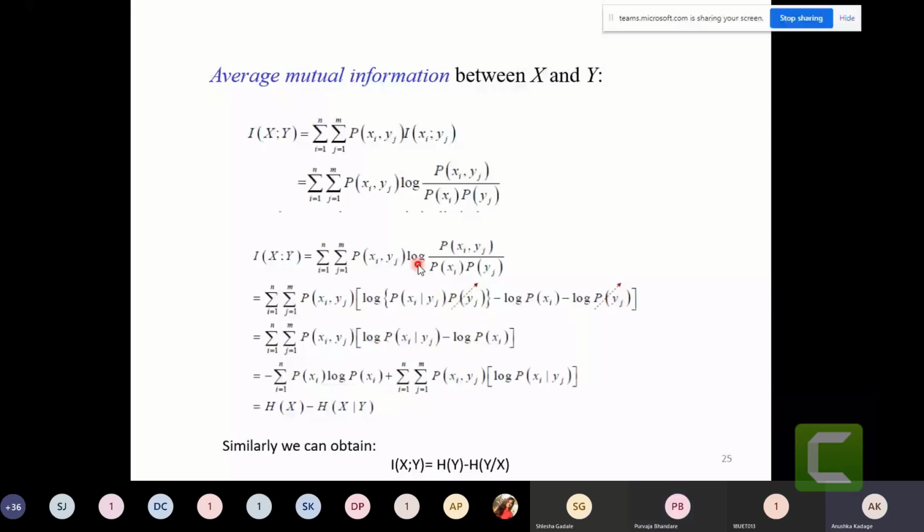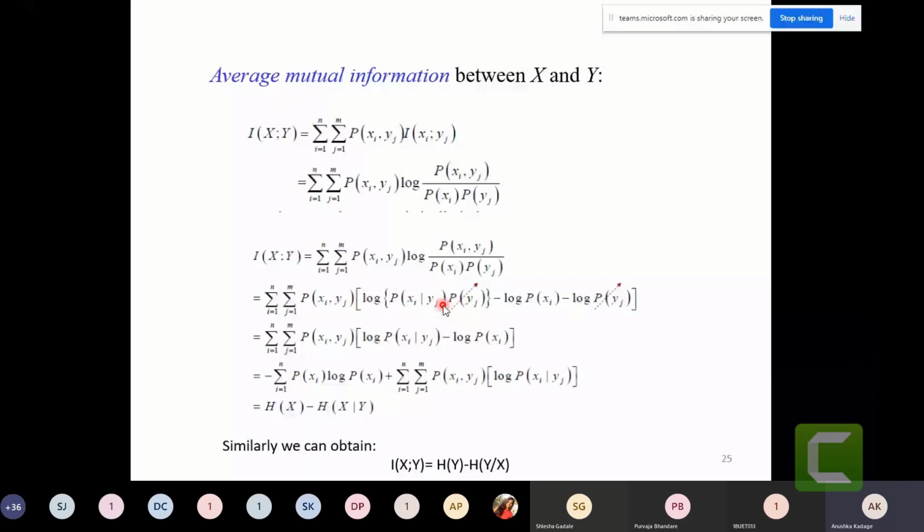See here, what we have done is in the numerator we have the joint probability, and the joint probability we can represent as the multiplication of the conditional probability and the marginal probability. Up to this, is it clear? Yes. Okay. Then we applied the log function on this probability multiplication.